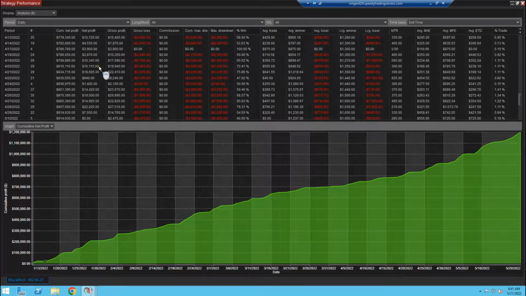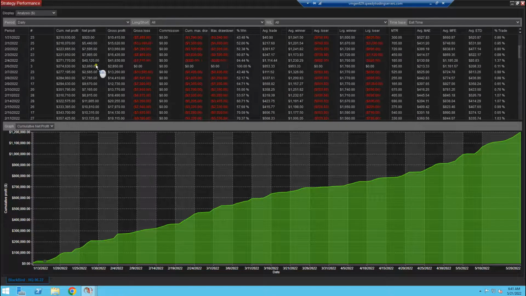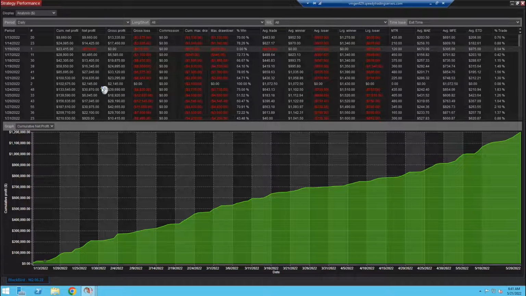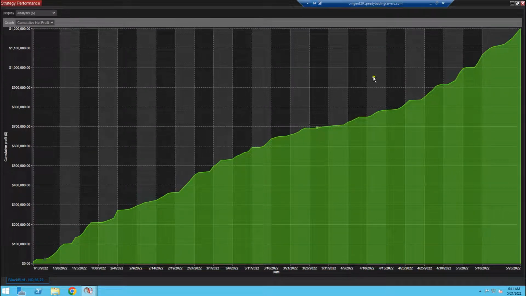But this seems like it's working pretty good, very clean, and a very good, healthy forward curve. You can look at your trades.